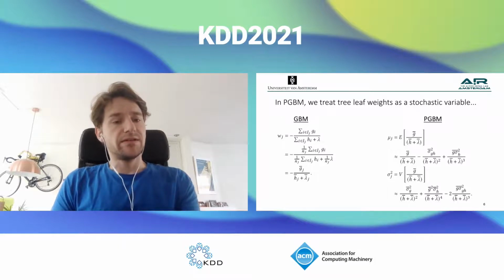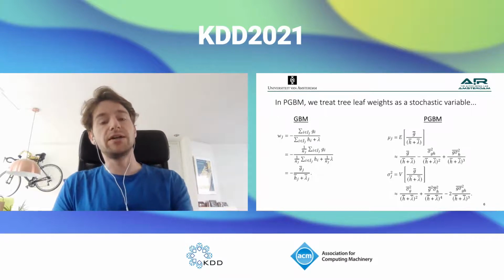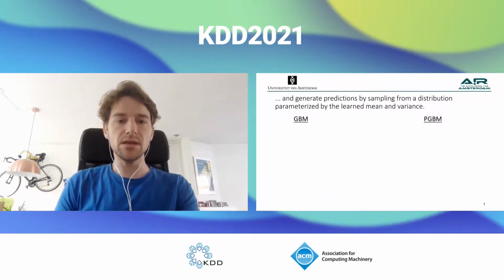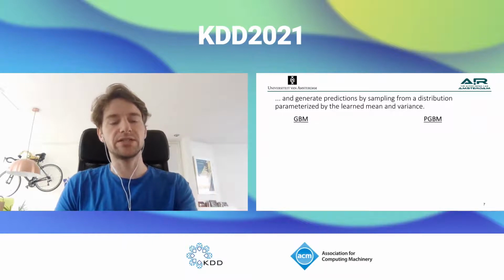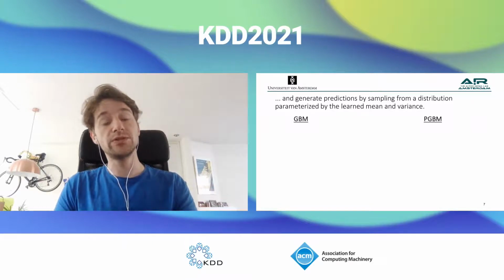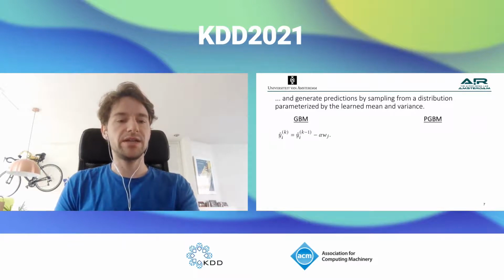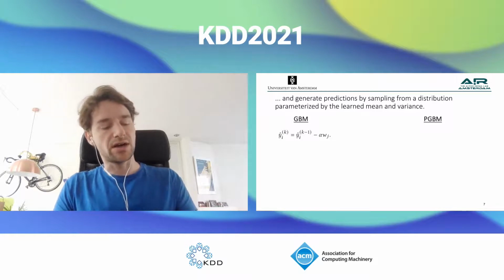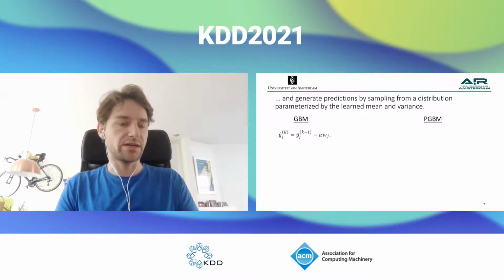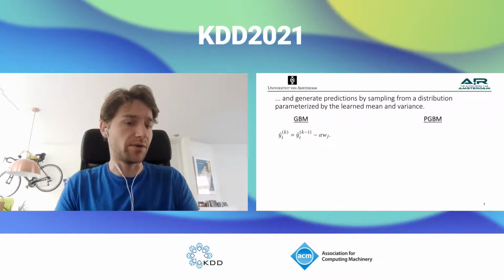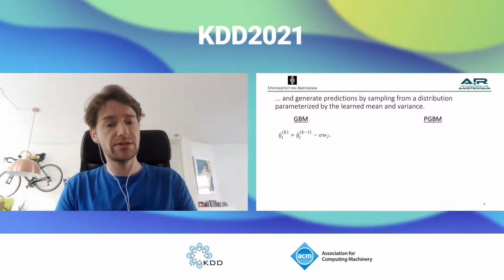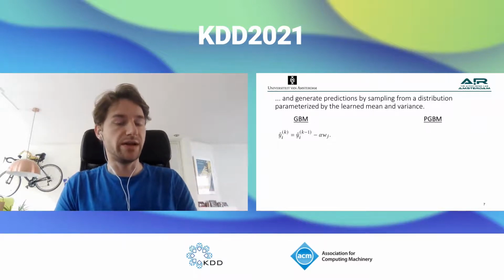So now we have obtained our leaf weight as a random variable. But how can we obtain our final probabilistic prediction? We generate predictions by sampling from a distribution which we parameterize using this learned mean and variance. In vanilla gradient boosting machines, our estimate after k iterations for sample i is given by our previous estimate minus the learning rate alpha times the leaf weight for the current tree.